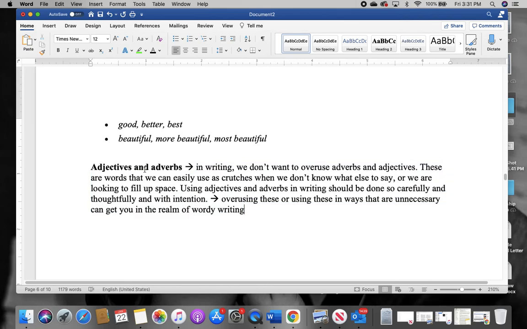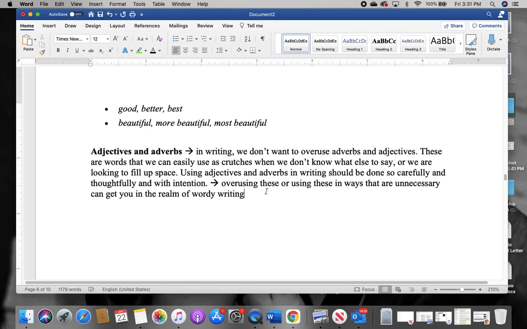Same thing with adjectives and adverbs. There's times when they're needed, and there's times when they're just not needed, when we can write much more concisely without them. And by using them, we're in fact hurting our writing, because we're just essentially writing fluff at that point by using too much descriptive language.